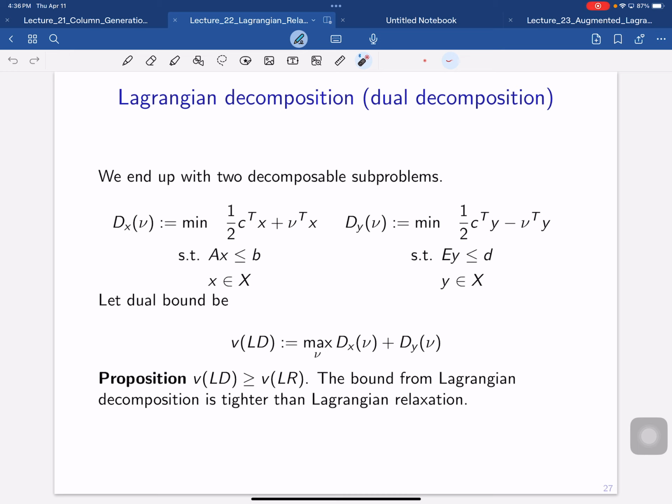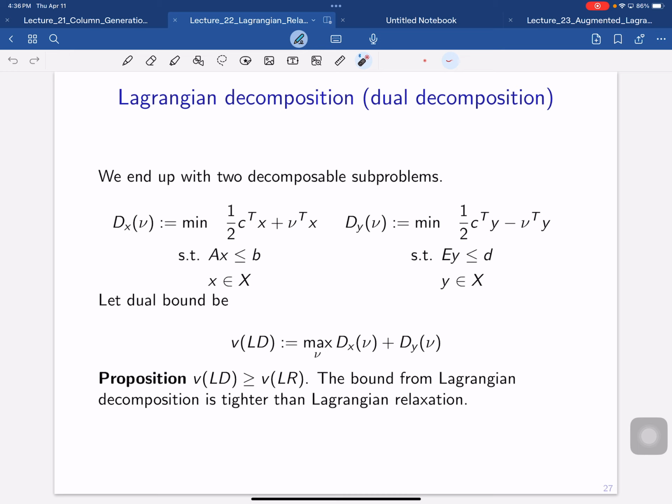Then you can separate the original problem into two subproblems. One corresponds to the x variables, the other corresponds to the y variables, right? Then you solve these two Lagrangian subproblems separately. And the dual bound, by definition, would be the maximum over the Lagrangian multiplier, and then you sum these two problems up, right?